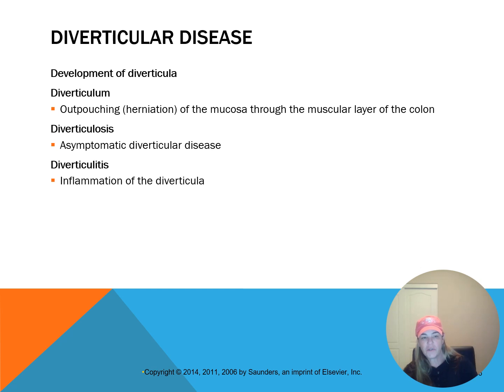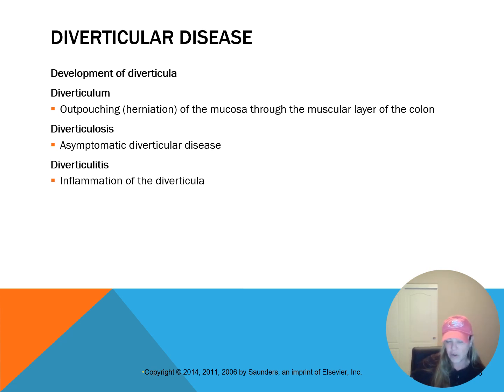Diverticulitis or diverticular disease, we have a couple different ones: diverticulum, diverticulosis, or diverticulitis. So a diverticulum is an outpouching, I can't say that word today, outpouching, a herniation of the mucosa. So another pouch.